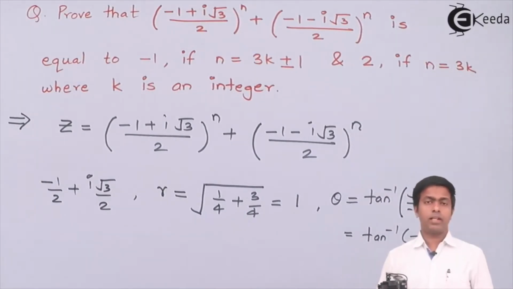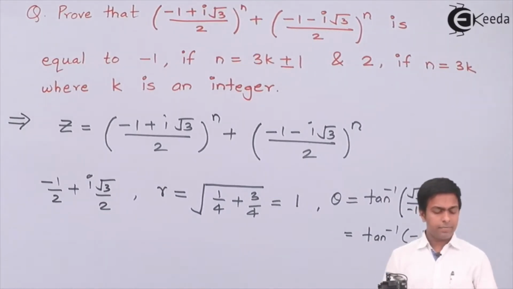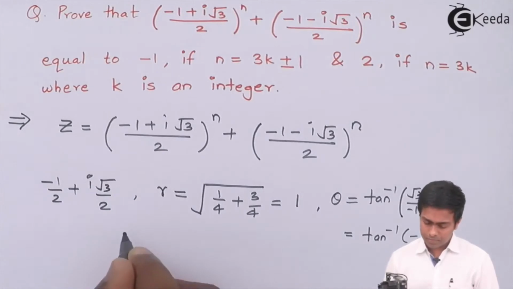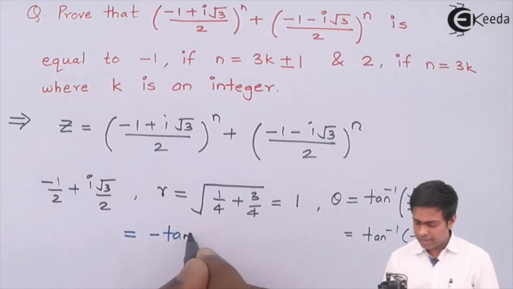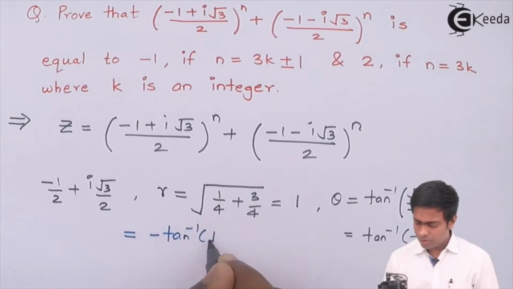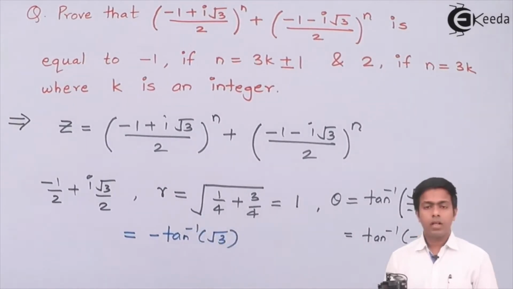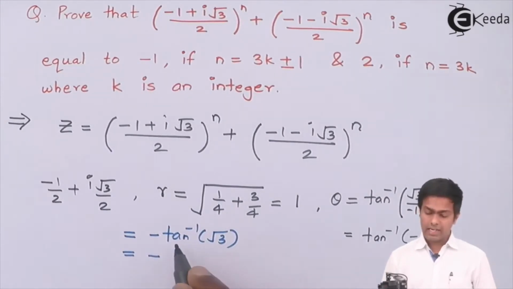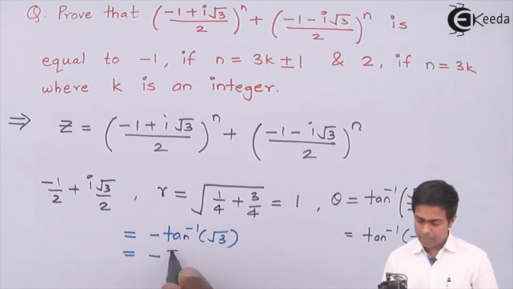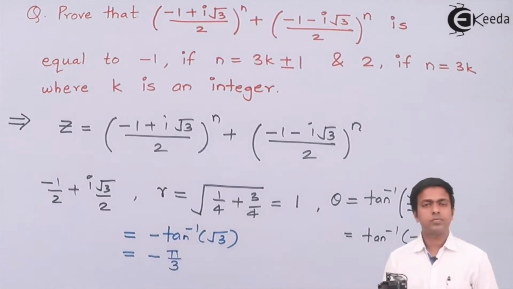I've shown you the method in previous videos, so let's repeat it. That becomes minus tan inverse of √3, and tan inverse of √3 is pi by 3.